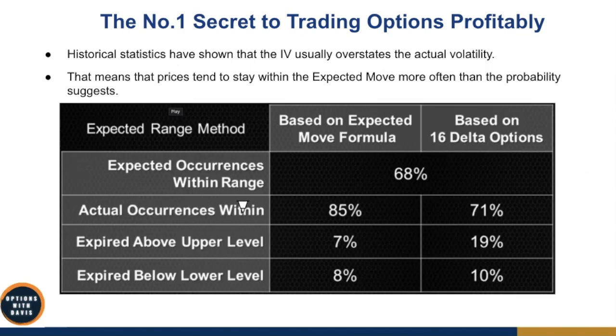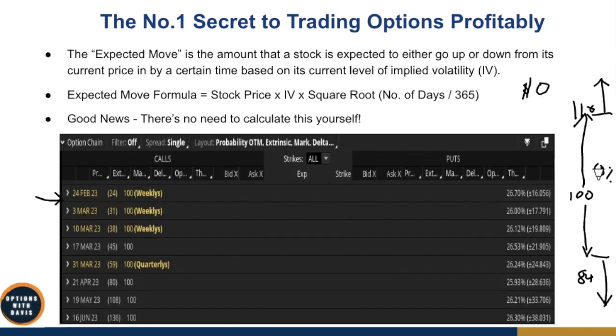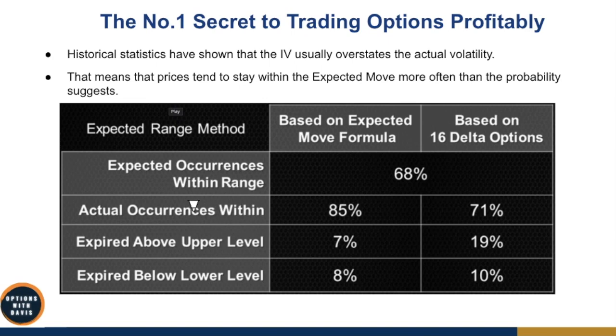But the reality is that there actually is an edge, because although the theoretical probability suggests that it stays within this range 68% of the time, the actual occurrence within this range is much higher. So as you can see, it is 85% for the expected move formula, and based on 16 delta options it is 71%. This is a study that's been done over, I think, a sample size of 10 to 20 years.